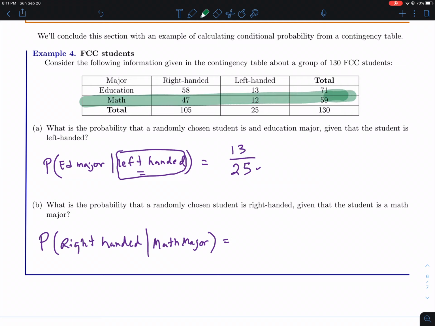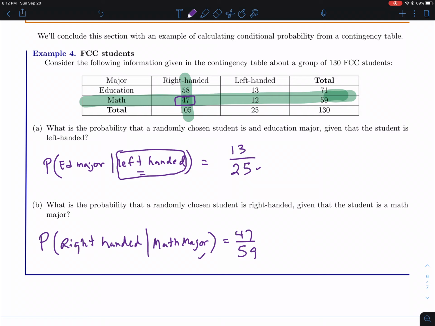That means right away we can write down our bottom number is going to be 59. And what kind of math major do we want? We want right-handed math majors. So we're looking for where the right-handed and math majors combine, and that becomes our top number. And so we end up with 47 out of 59 in that case. And again, you can leave it as a fraction, turn it into a decimal, whatever.